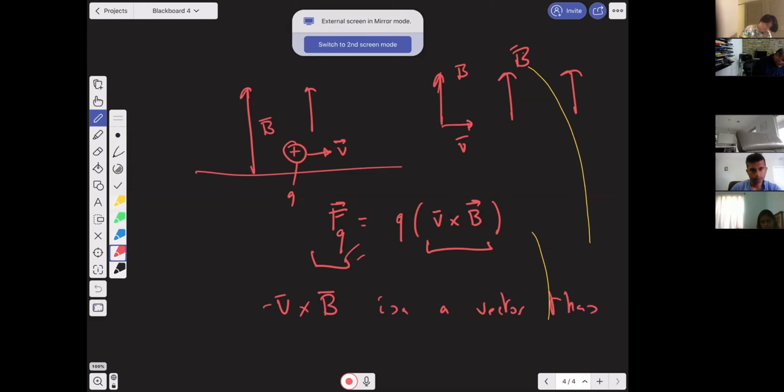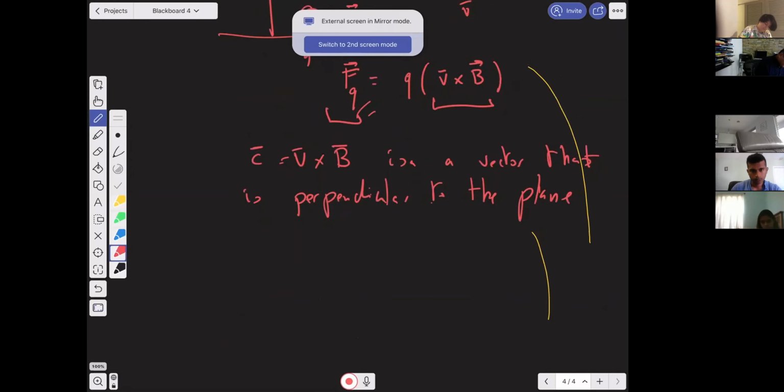C is a vector that is perpendicular to the plane made by A and B, but in this case is made by V and B, the velocity and the magnetic field.